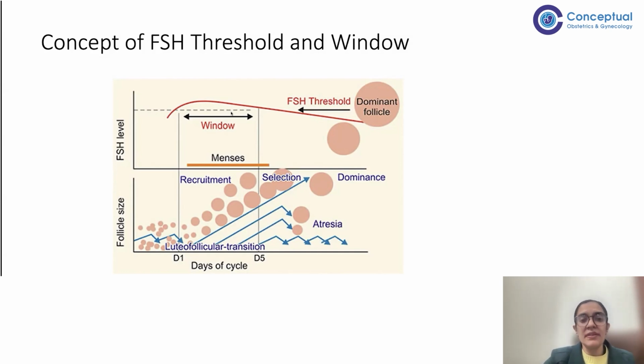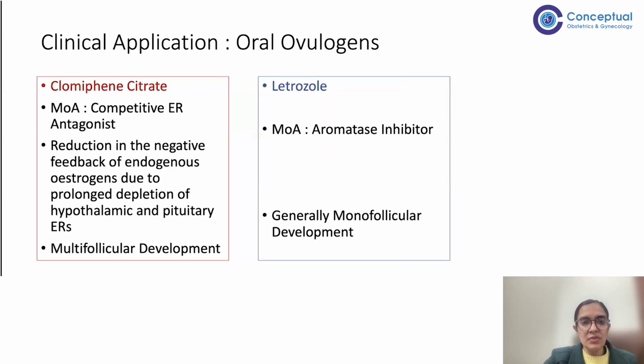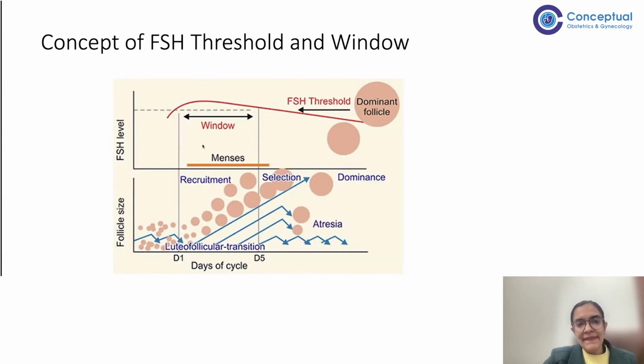So what do we do in IVF? What do you think we do in IVF then? We keep giving FSH from outside. So we are not depending on pituitary FSH alone, right? In a natural cycle, the body is depending only on pituitary FSH, whereas we keep giving a lot of FSH from outside, so that even those smaller follicles which were sort of weak and required more FSH for a longer period of time, even they get pushed, right?